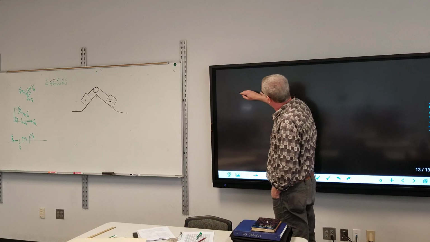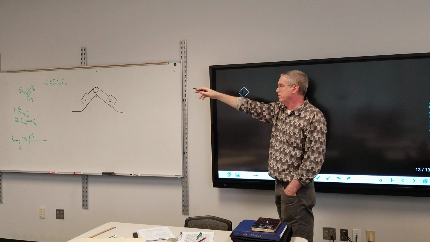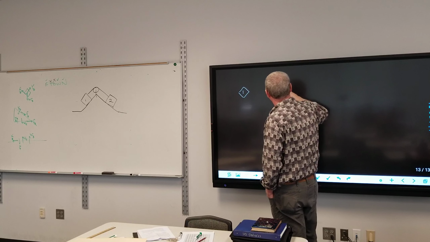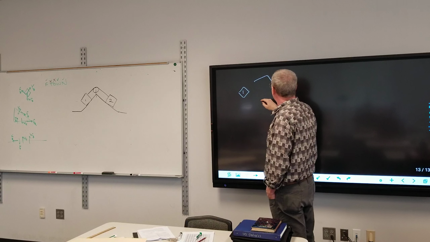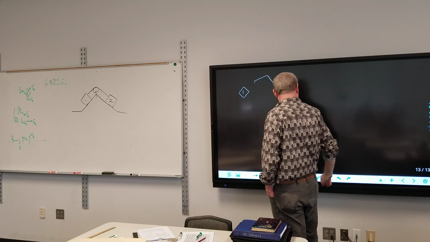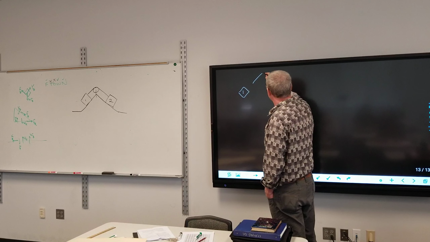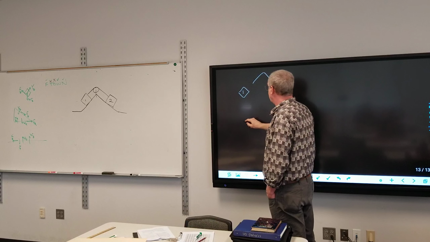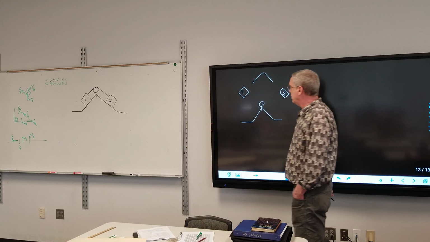So I draw my objects: I've got mass 1, and again, I do recommend drawing it in orientation, which is over there. Box 2. Add the rope. And then I've got ground, and the pulley is part of the ground.